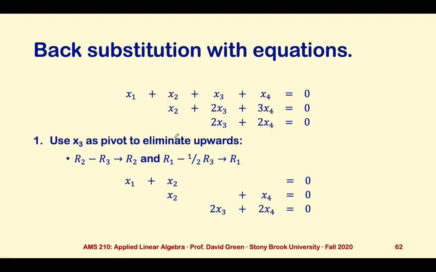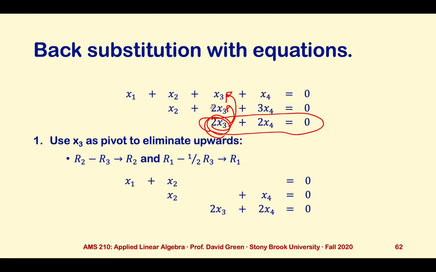Here I'm going to be a little bit more formal in thinking about how we do the back substitution, using the same language of pivots and these row operations. We can cast this back substitution problem as, first of all, looking at the last equation, focusing on the first non-zero element, the pivot, and using this as a pivot to eliminate x3 from the entries above.